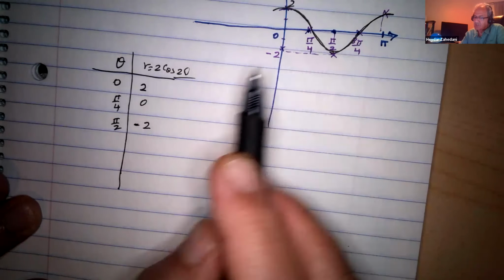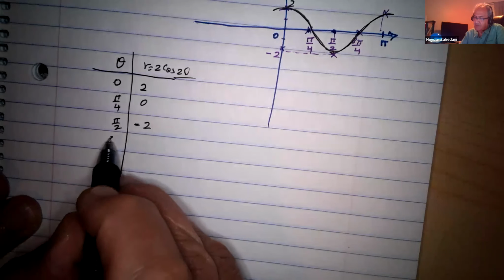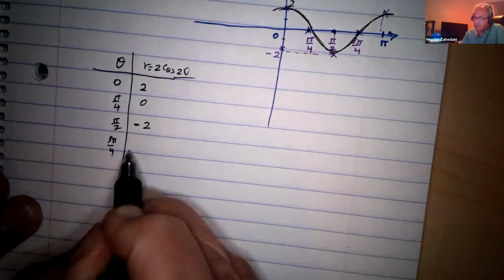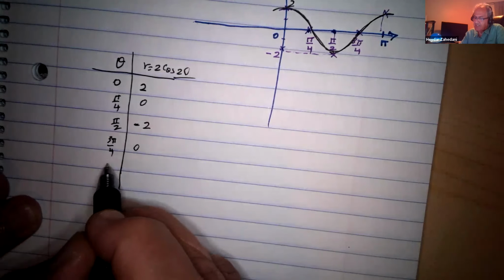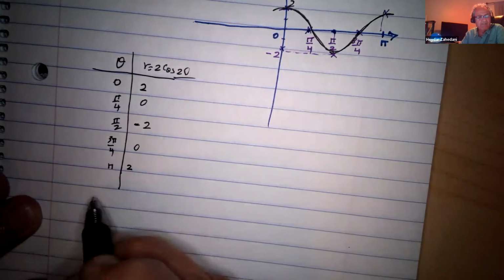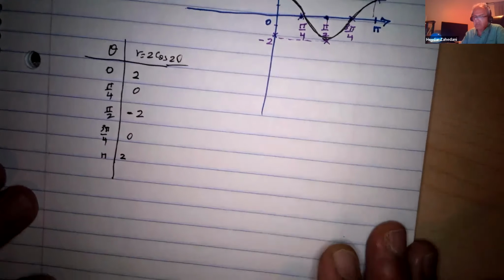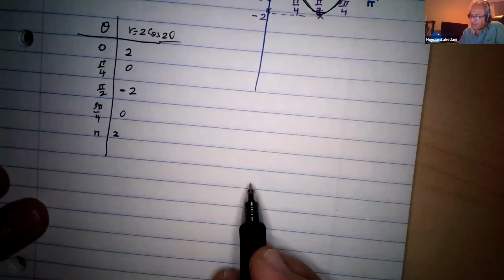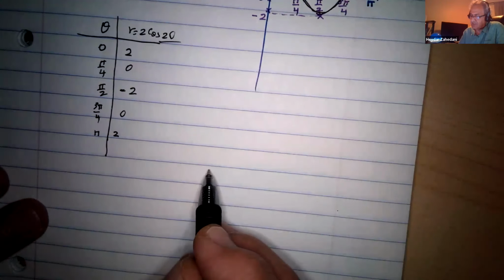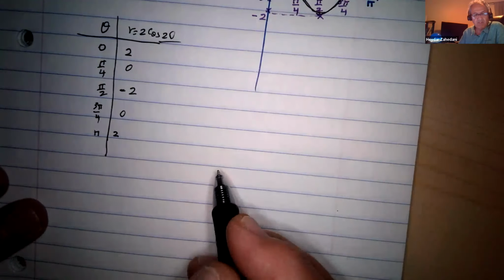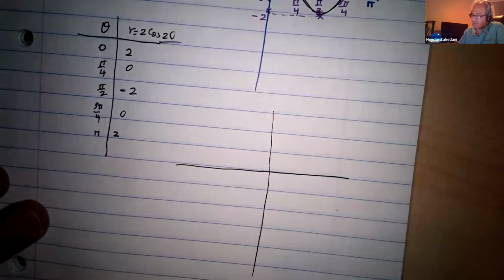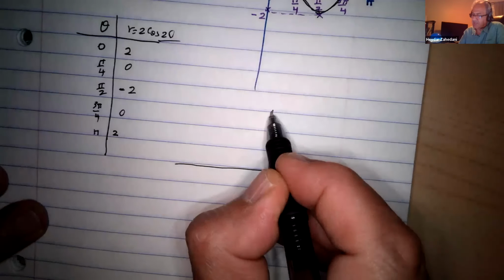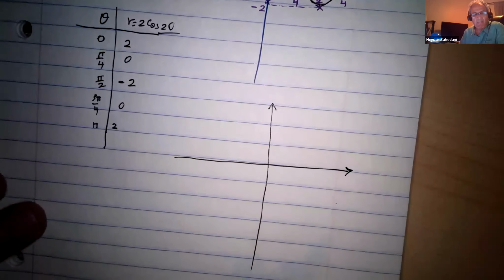The other part is, if you pick 3pi/4, that gives you 0, and the pi gives you a 2. In between you can pick more points if you like, but eventually this is going to be the graph of these types of functions.